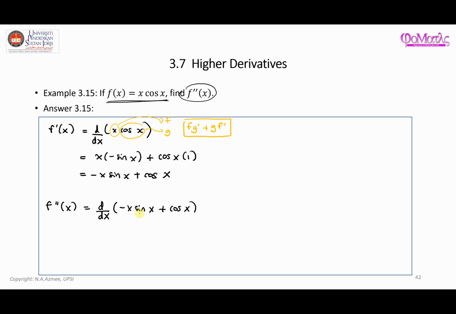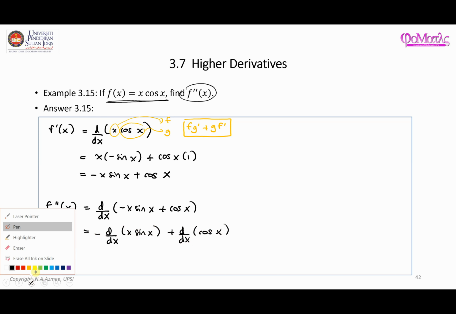The result of the first derivative is applied to this process here, and later on you will get the result for the second derivative. Alright, so this is equal to negative x sine x. Okay, I'm just taking negative 1 out, plus the derivative for cosine of x.